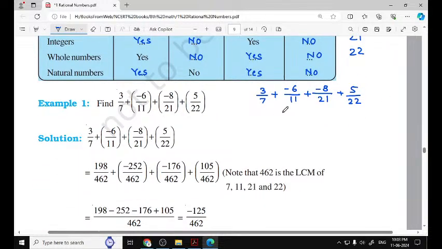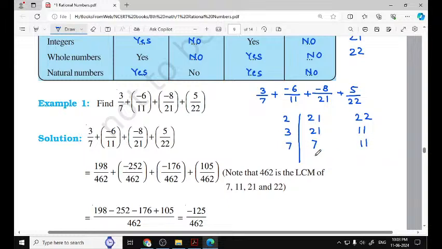We can find that LCM by this method. Let us divide these numbers by 2. We cannot divide 21 by 2, so we keep that unchanged and we divide this by 2. We get 11. Now these two numbers are not divisible by 2, so let us check for 3. This is not divisible, so we will write it as it is.